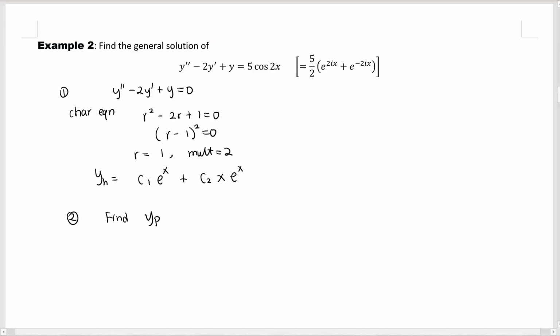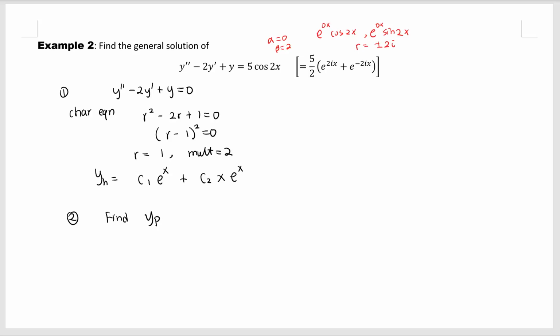It corresponds to alpha is 0 and beta is 2. Do you agree? Because it's e to the alpha x cosine beta x and e to the alpha x sine beta x, and beta is 2. So it corresponds to the root plus or minus 2i. So far, so good, everybody?